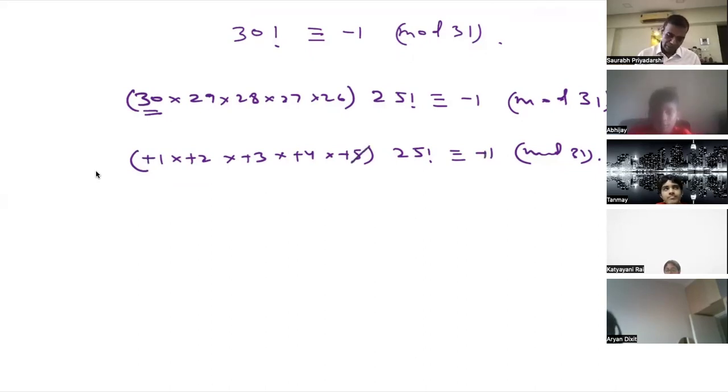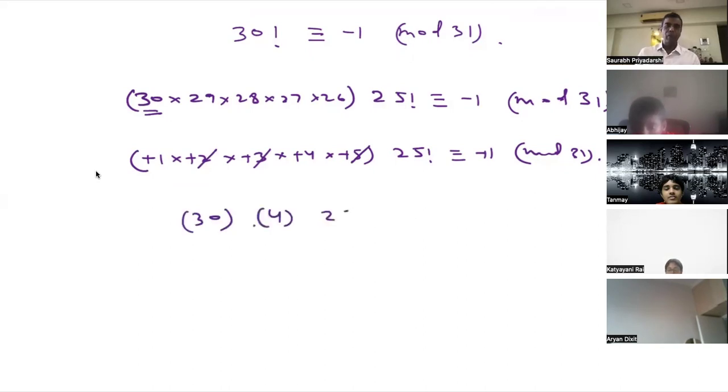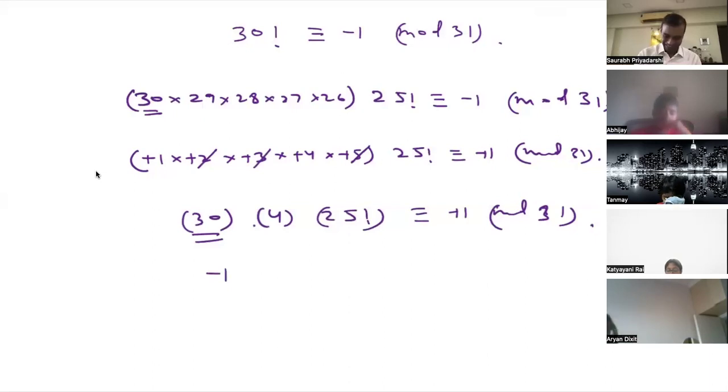So -1 into 4, that will be -1, or we can say 4 into 25 factorial is congruent to -1 mod 31. Is this okay? It means I have to find 4 inverse mod 31.